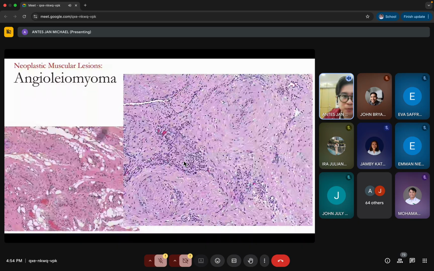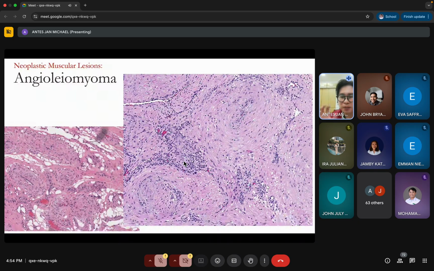So this is angioleiomyoma. The tumor is not arranged in fascicles, but according to the shape of the blood vessel.